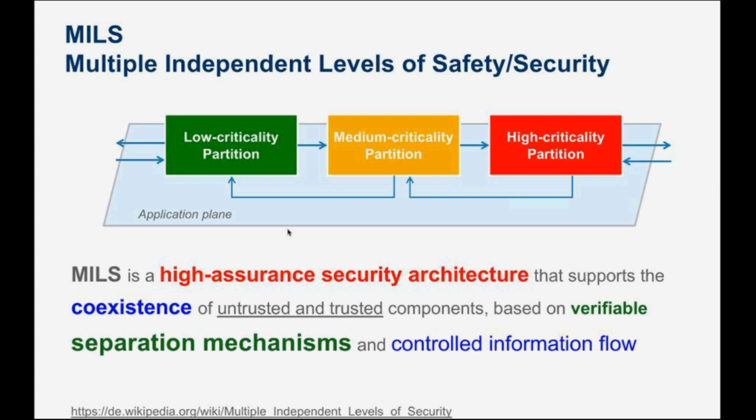With this kind of separation, you want to start partitioning a system in a way that is handleable and you can actually oversee and understand its individual parts. So you want a verifiable separation mechanism, and you also want to create some kind of controlled information flow.